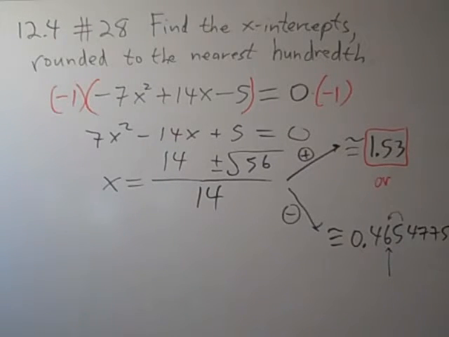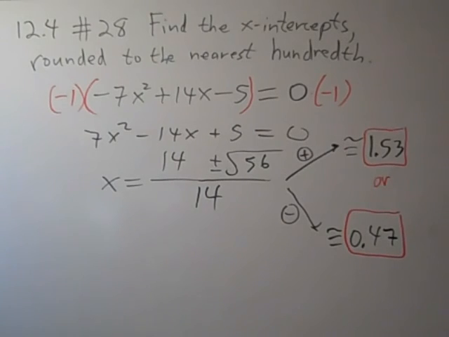The 5 will cause the 6 to round up to a 7, so we get 0.47 for our approximate x-intercept here. So there we have our two x-intercepts of this parabola.